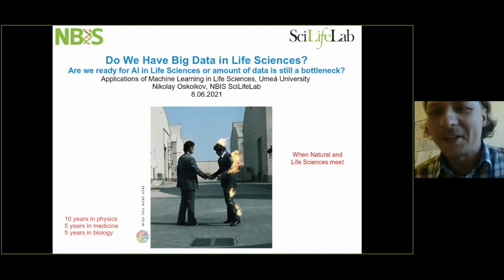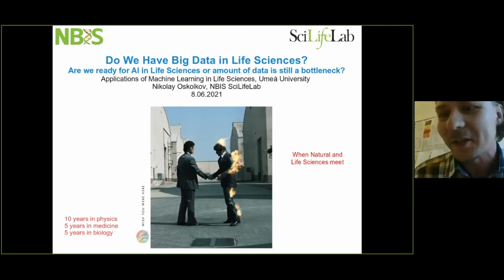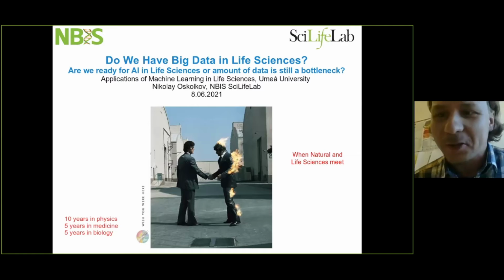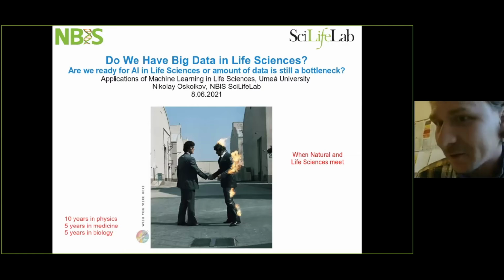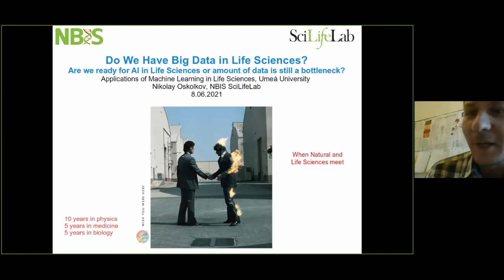But even people who are not familiar with machine learning know that machine learning needs a lot of data, and that might be a problem. So I'm going to ask whether we have enough data in life sciences to actually run machine learning. I'm a little bit skeptical about it, and let's see whether you share my concerns.